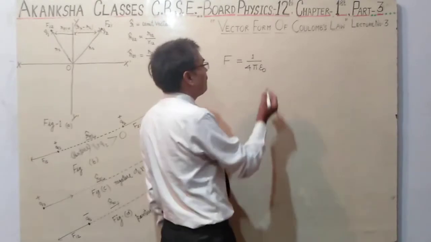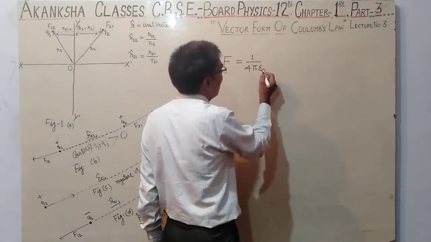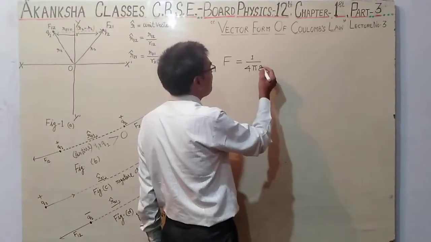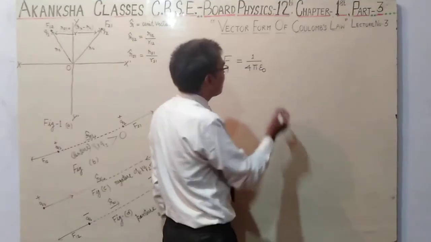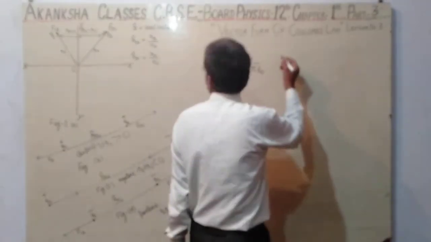At that time, we will use epsilon and the name of the medium. At that time, we will write the permittivity of that medium, and this is the permittivity of free space.